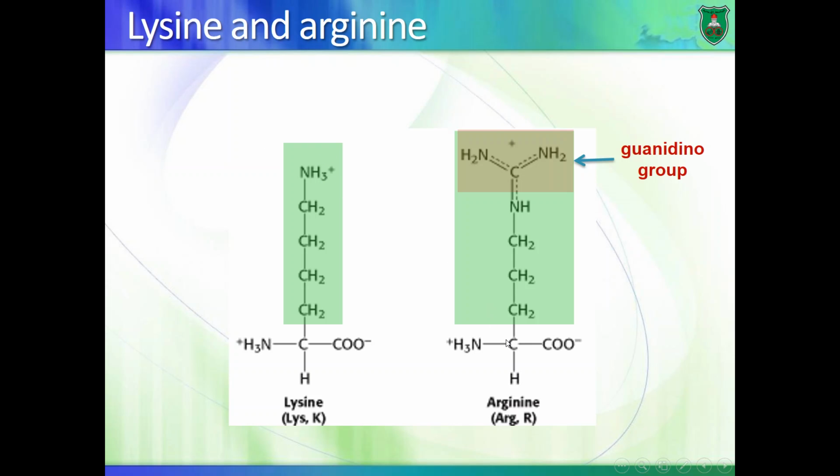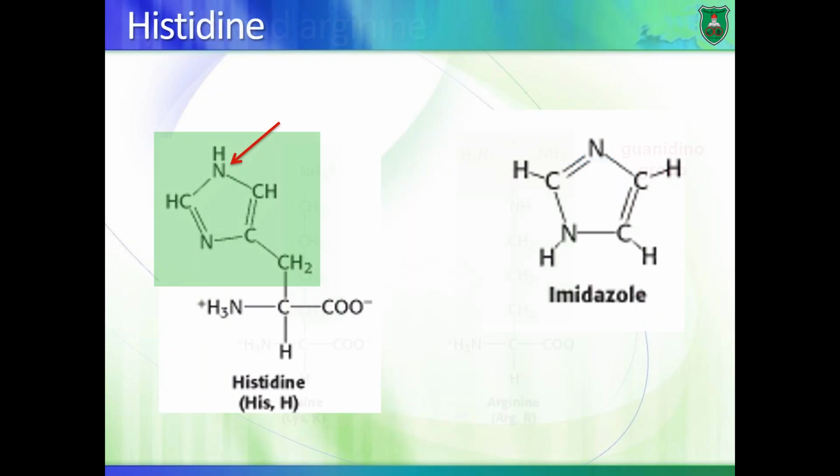And we have arginine, abbreviated Arg, having a guanidino group. Now the third positively charged amino acid is known as histidine. It's abbreviated as His. And histidine has an imidazole ring.